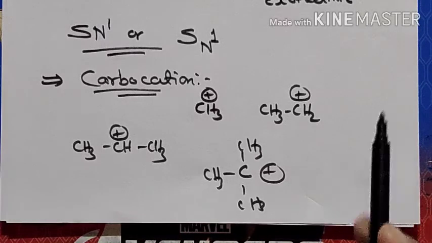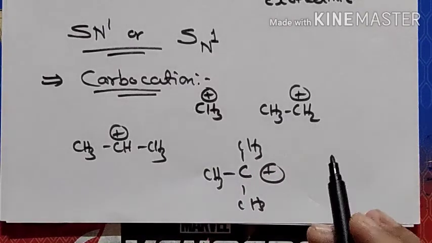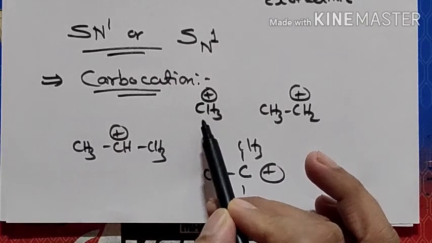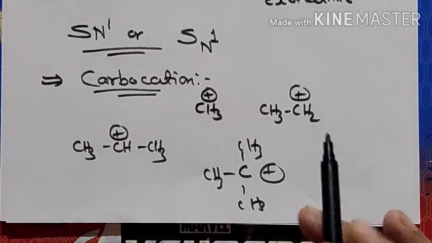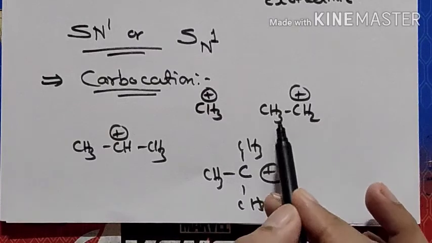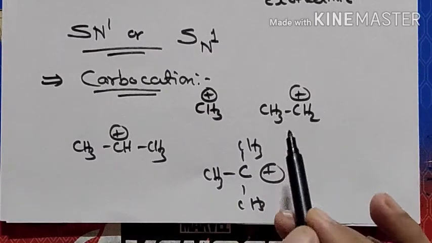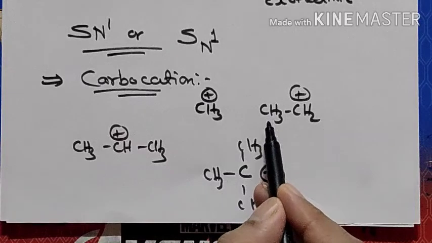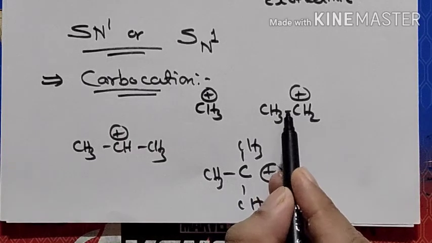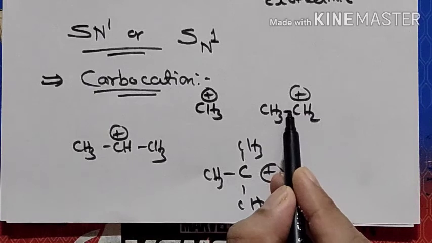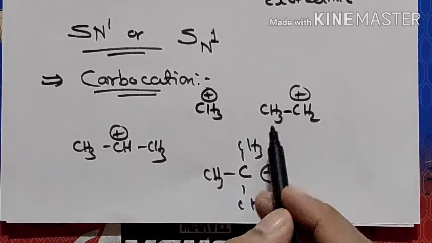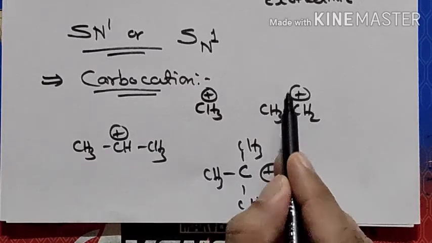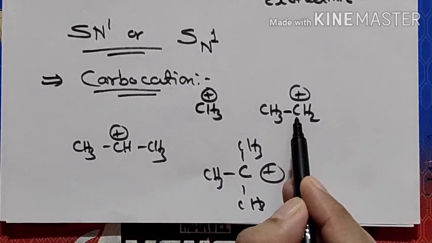In this, student, if we talk about methyl, this is the least stable. In comparison to this, this one is more stable. The reason is it is attached to a methyl group, and the methyl group, by virtue of inductive effect, will try to push its electrons into the empty orbital of this carbon.